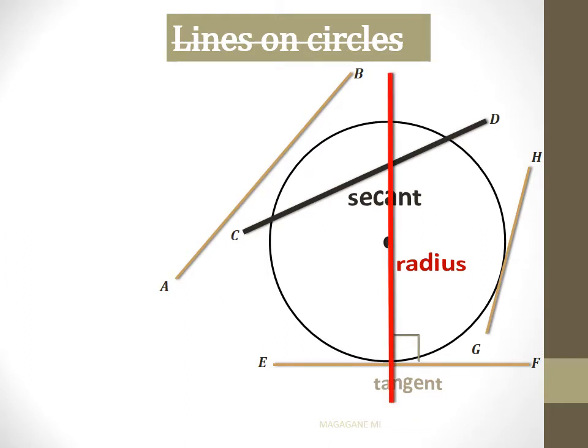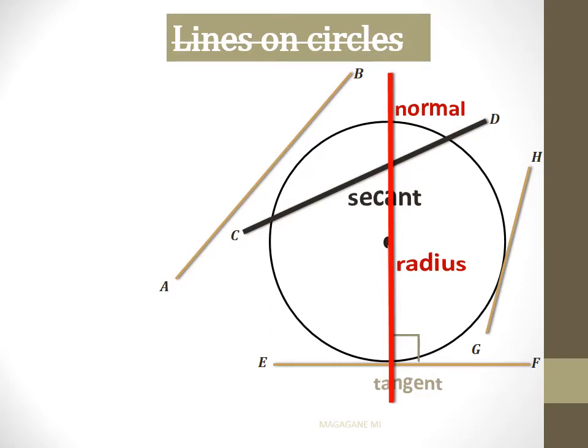Right, we have another line which is called the normal. The normal to a circle is a straight line drawn at 90 degrees to the tangent at the point where the tangent touches the circle.